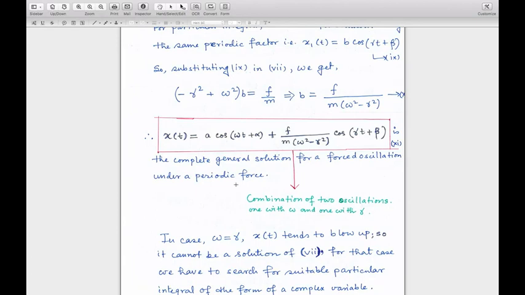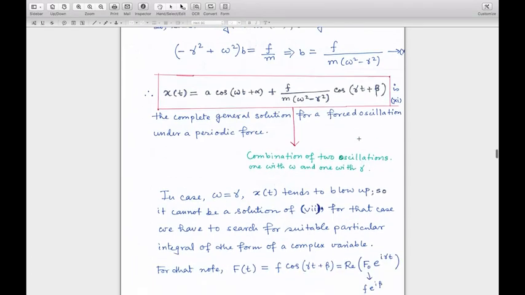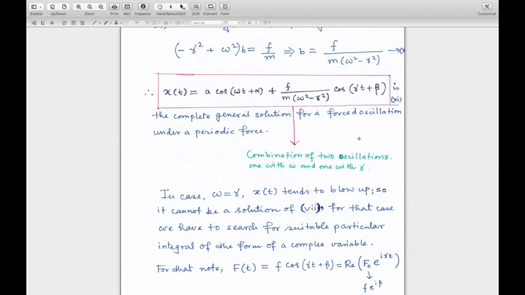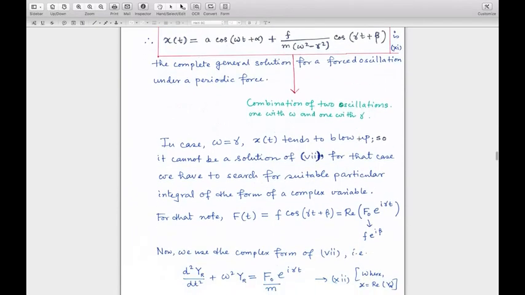So you can see that the total general solution is a superposition of two oscillations. One oscillation is with the natural frequency, or the free oscillation frequency ω, and the other one is with the force, or the incumbent force frequency γ. That means the periodic force which is now acting on the system.